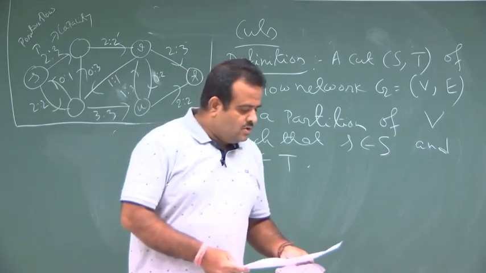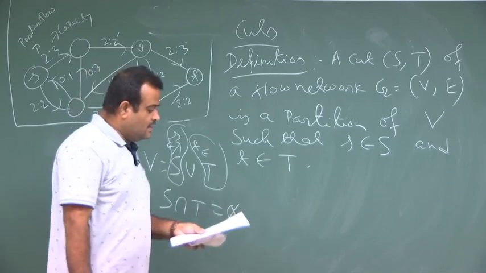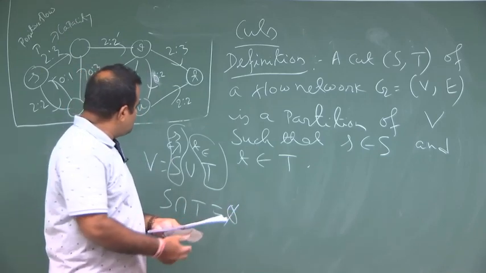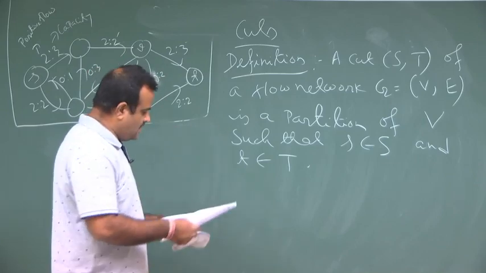Okay. So, for example, this is a cut. Now, how do we define flow across the cut? Suppose we have a cut here.